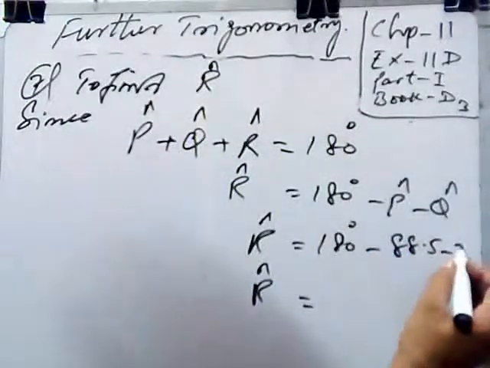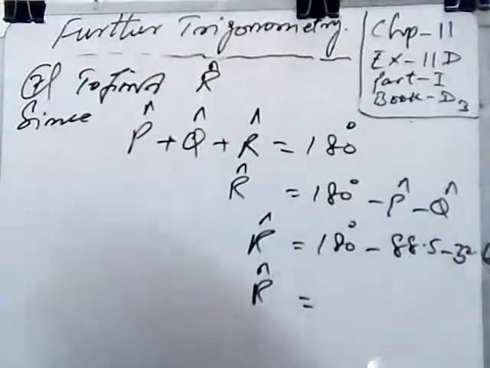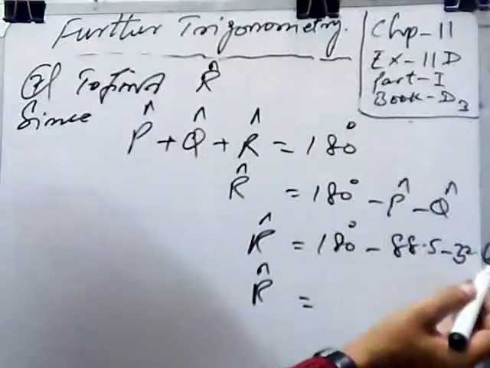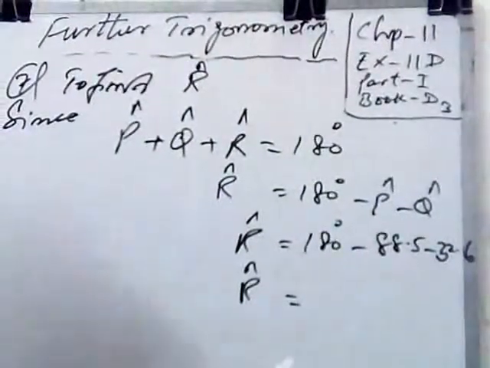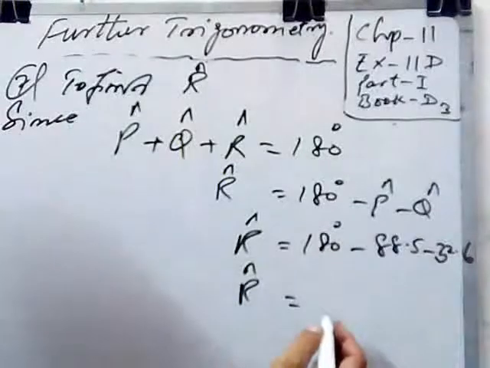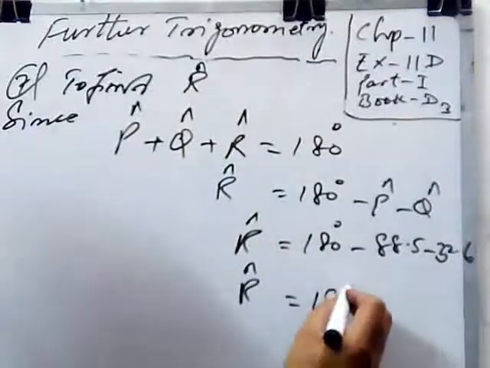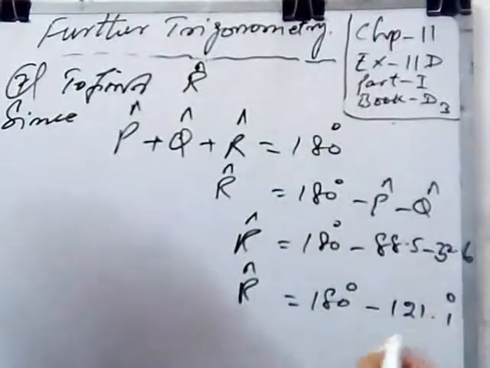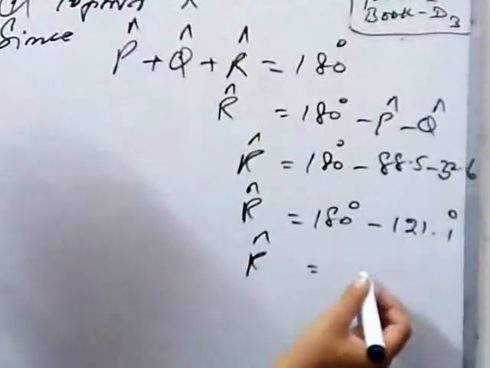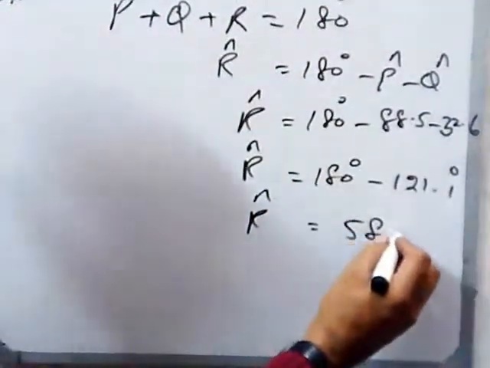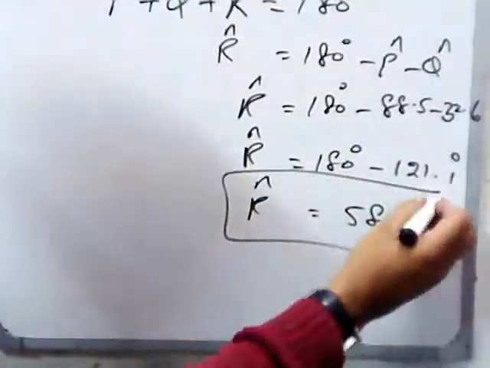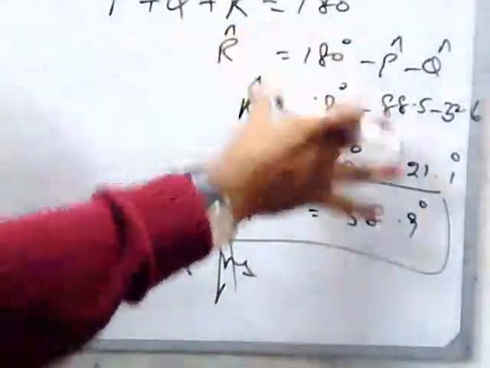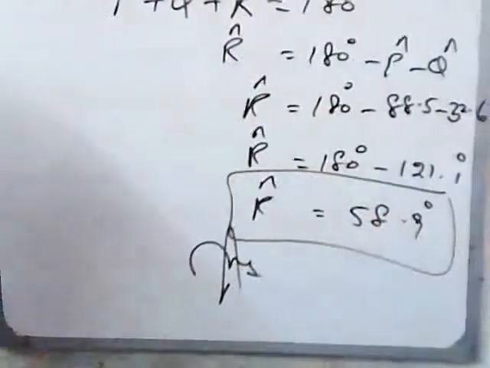That is 32.6, we have already calculated. So subtract, after simplification 121.1 degrees. So the value of R is 58.9 degrees. This methodology is very accurate and very reliable. The sum of interior angles is 180, so we use this property and we have calculated the third angle in this way.